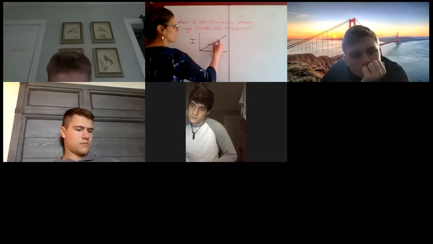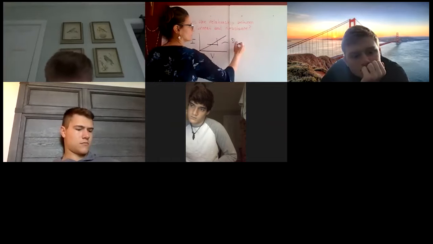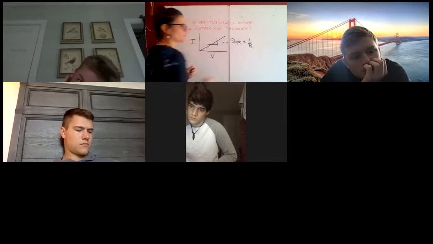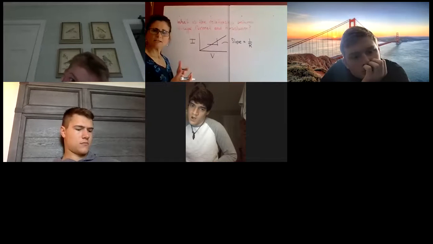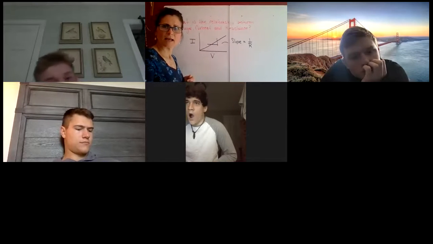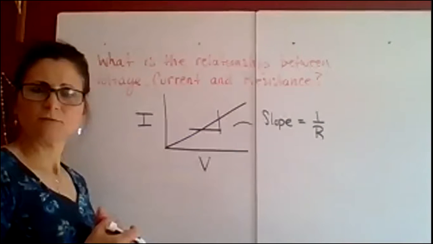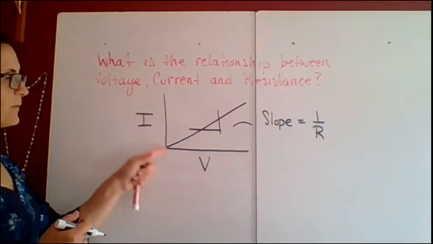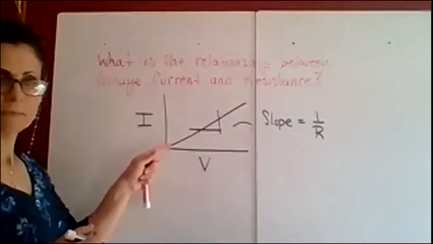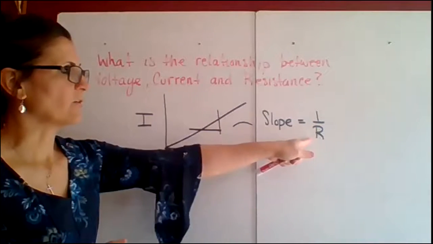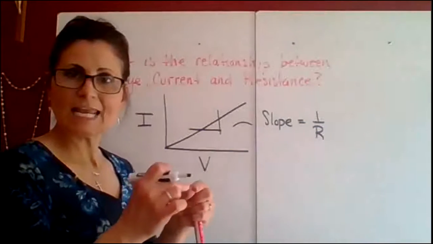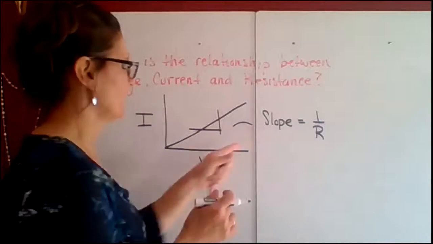The slope of that line is equal to 1 over the resistance. That's what the data was showing me. Voltage and current are related linearly, and the slope was equal to 1 over the resistance. In the lab, the resistor was 10 ohms, okay?